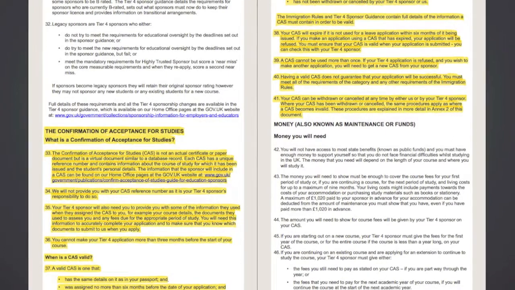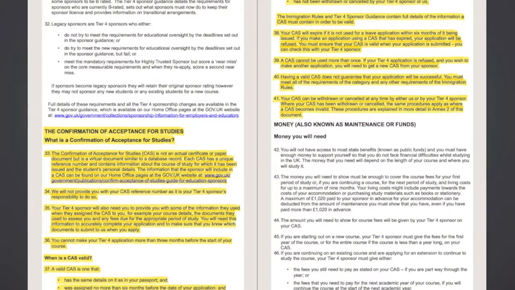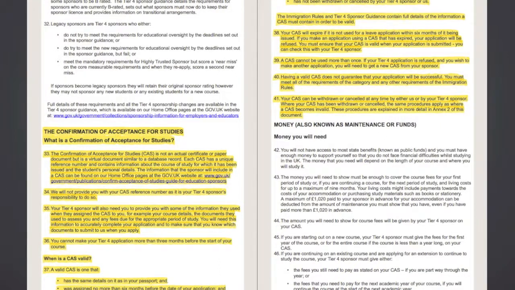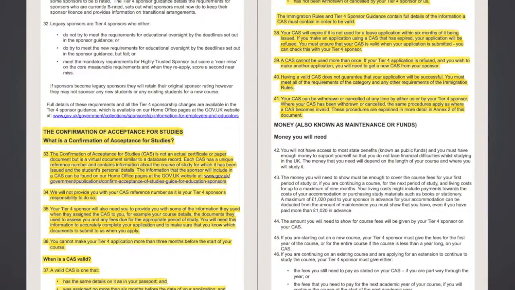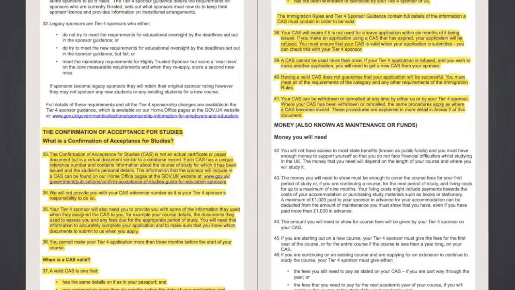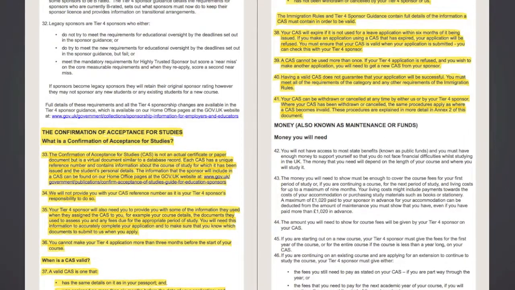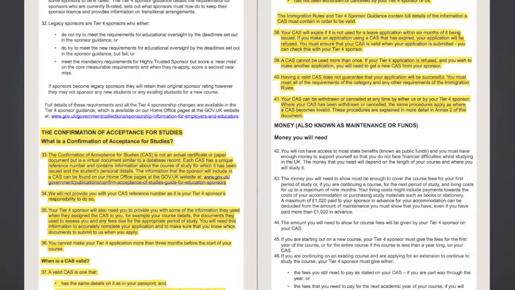Your visa application should be made no more than 3 months before the date specified on the CAS as the course start date. Once you've come to the UK on the basis of a particular CAS issued by a particular sponsor, it's not possible to change education institutions without permission from the Home Office, and that permission is only given on the basis of a fresh CAS from a new education provider.